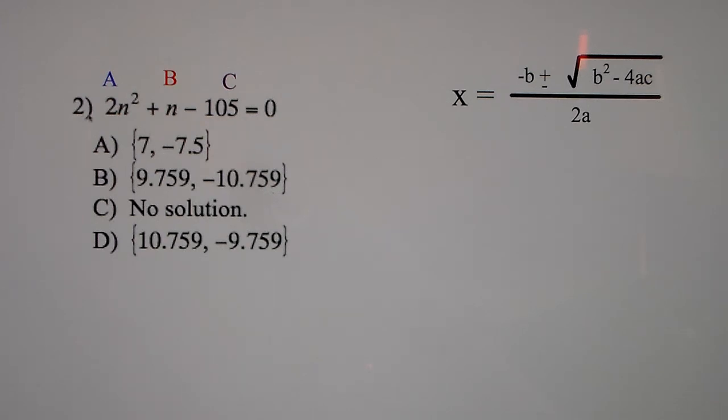Our problem here in number 2 is 2n squared plus n minus 105 equals 0. So we have to identify A, B, and C. A is the value of positive 2, B is the positive 1, and C is negative 105.